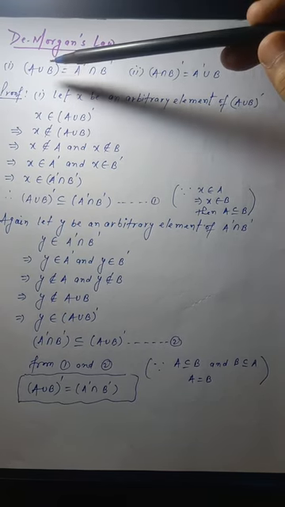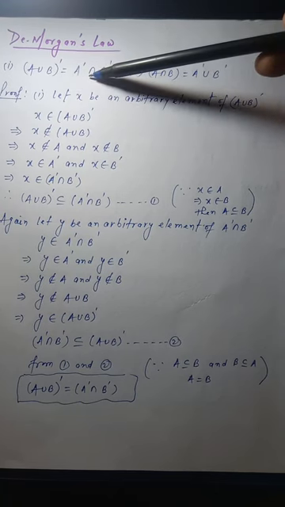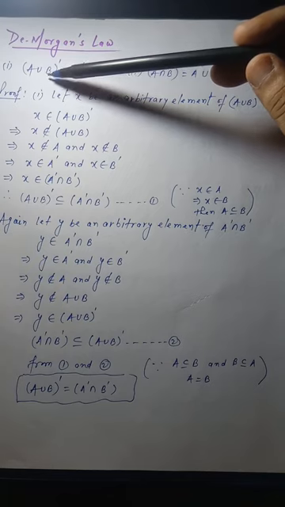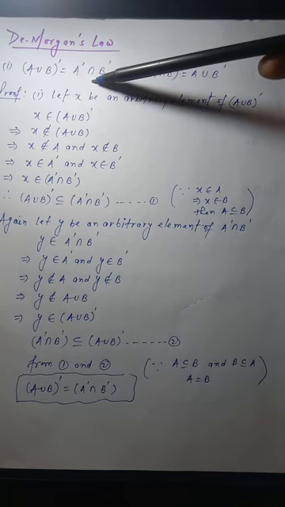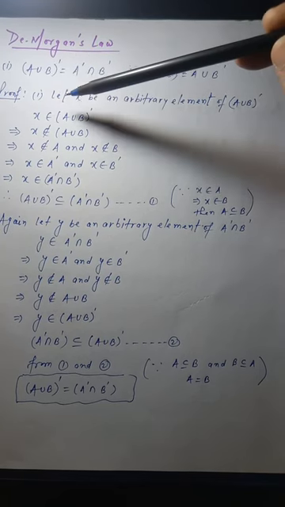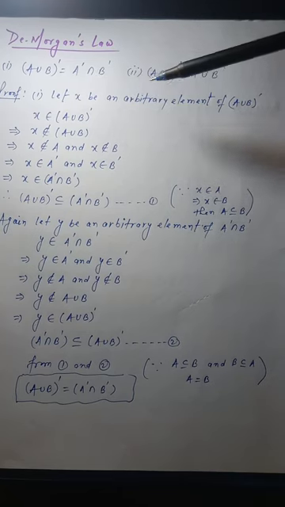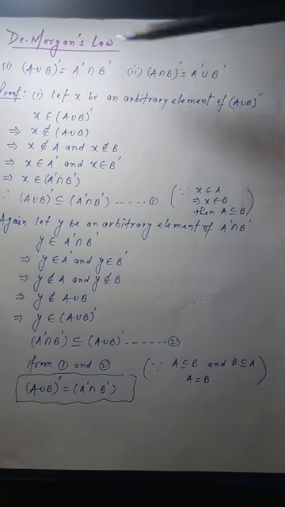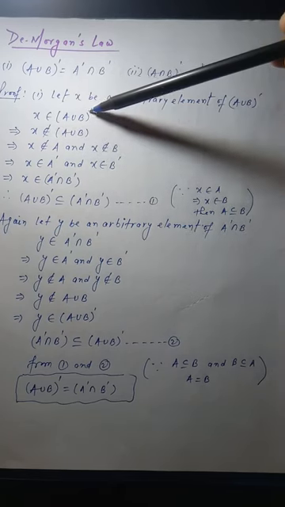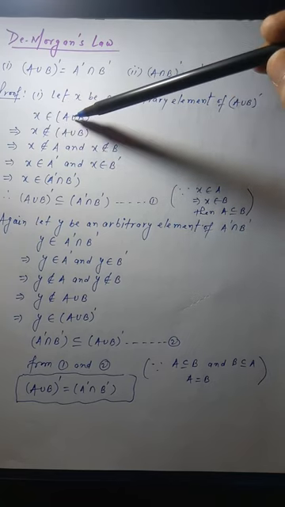And we already know how to prove that a set is a subset of another set. For this we have to prove that an element belongs to this set, and finally the same element must belong to the other set also. Then we will say that the first one is a subset of the second. So assume that x is an arbitrary element present in (A union B)'. Belongs means this x is present in (A union B)'.